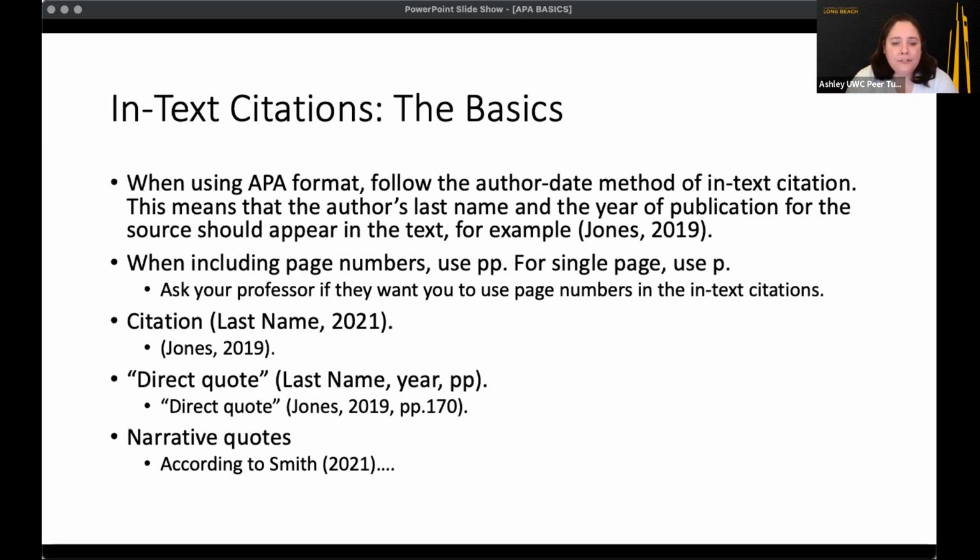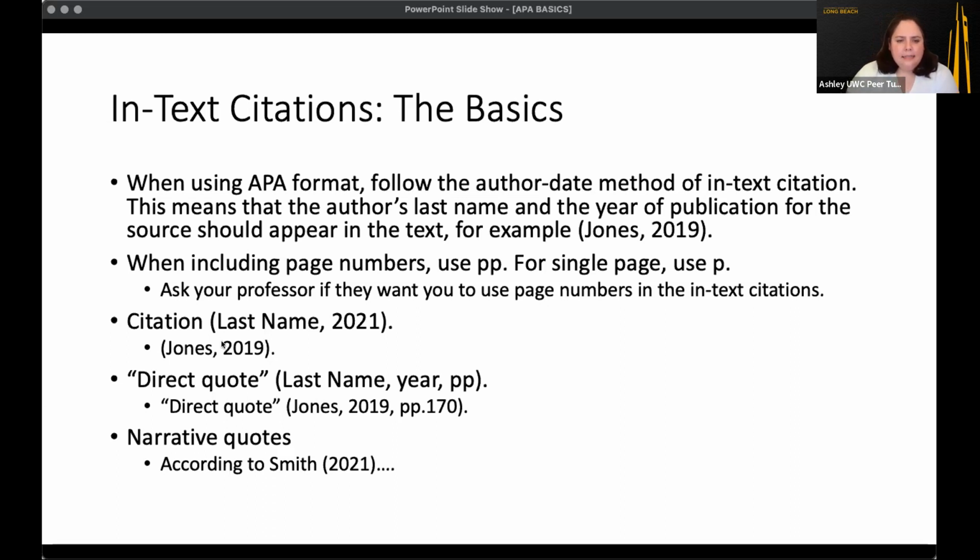When including page numbers, use pp. for multiple pages and p. with a period for a single page. This is not very common unless you're writing a direct quote, but usually professors just require the last name and the year when you're doing in-text citations.